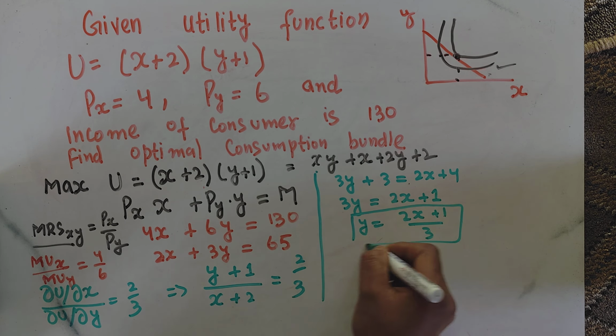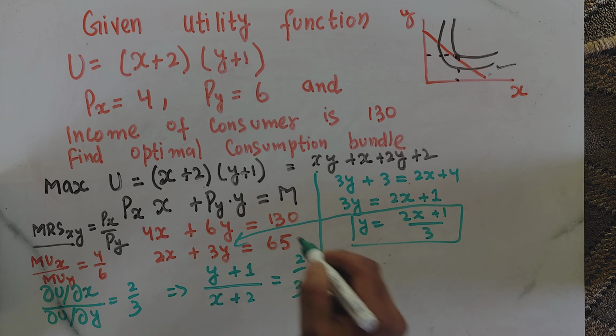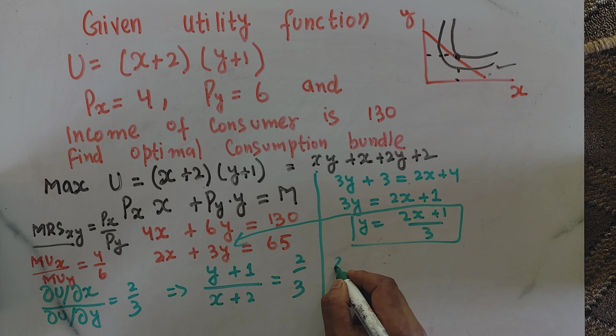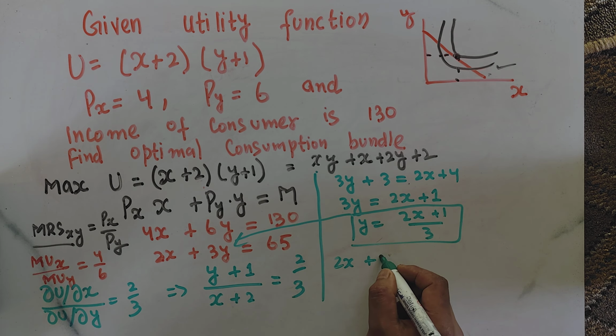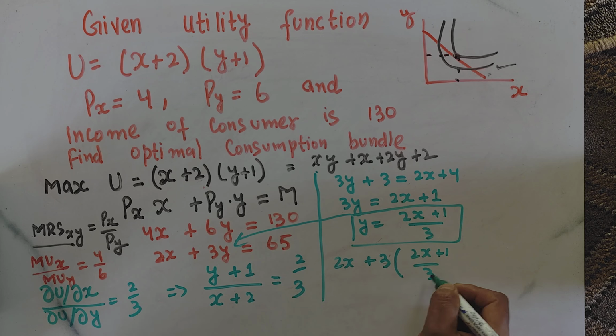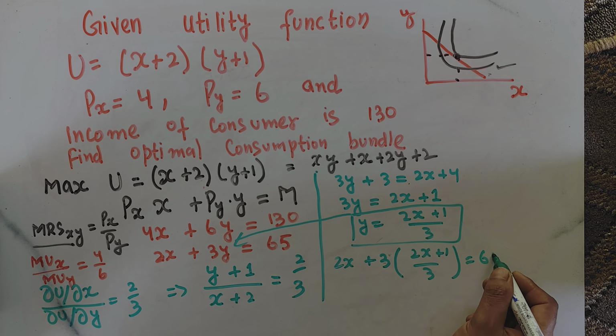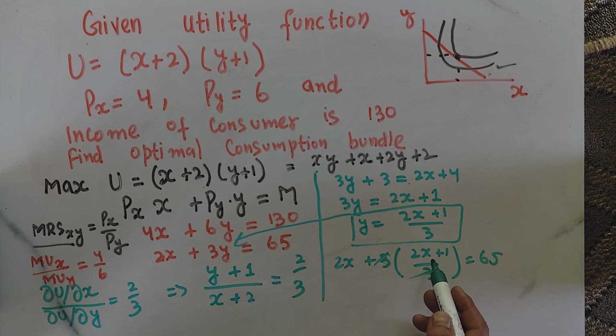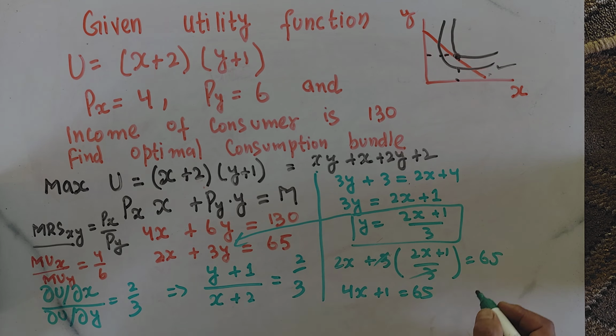Now we plug this value into the budget constraint, so we get 2x + 3 times (2x + 1)/3 should be equal to the income of the consumer. The 3 and 3 get cancelled, so we have 2x + 2x + 1 = 65, which gives us 4x = 64.